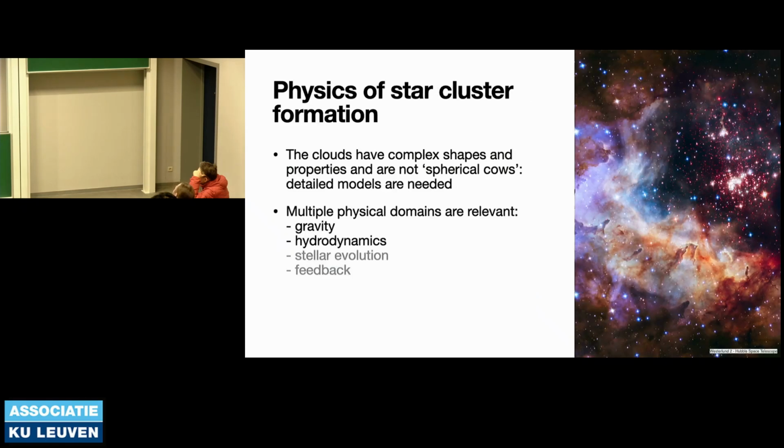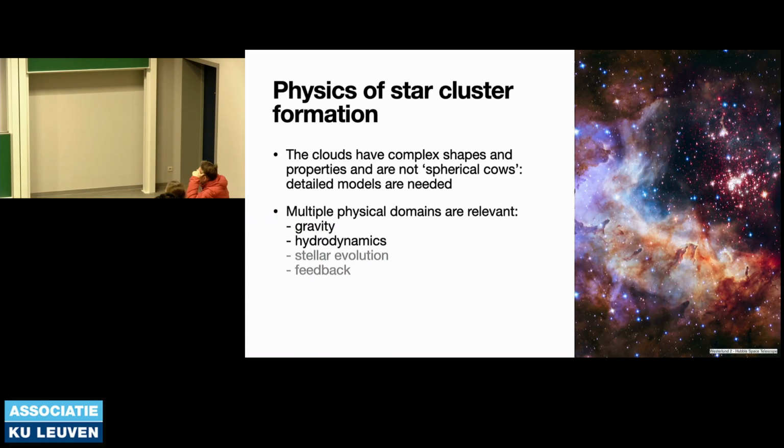Now, if you look at an example of a star cluster like Westerlund 2 here, you can immediately see that this is not a simple thing, right? There's not just gravity going on there. You can see that there's clouds nearby. The stars are all different. You can see that there's sort of these pillars of creation going on. So there's a lot of different physics that are important here.